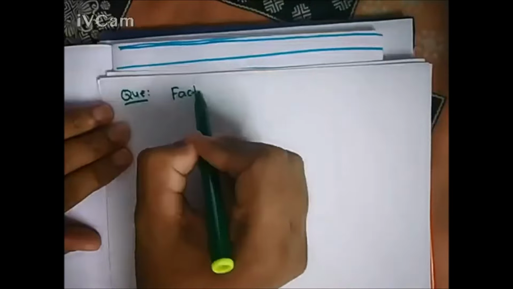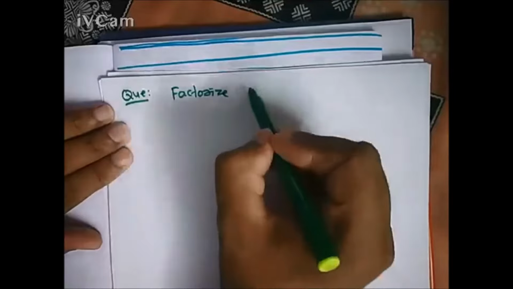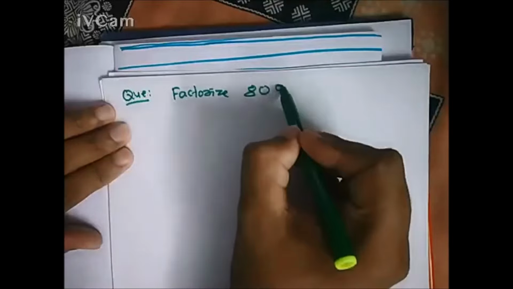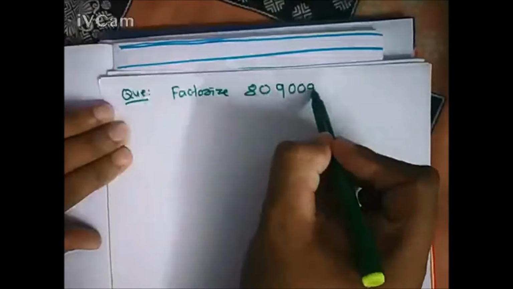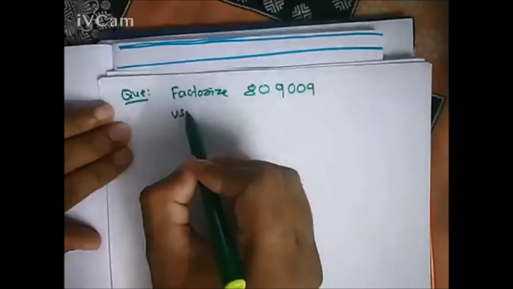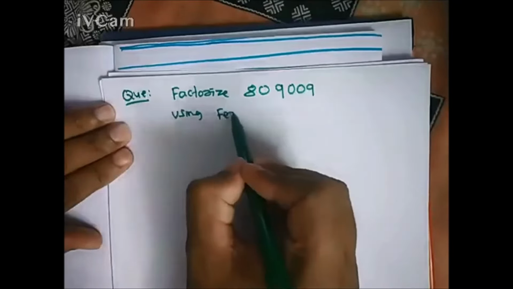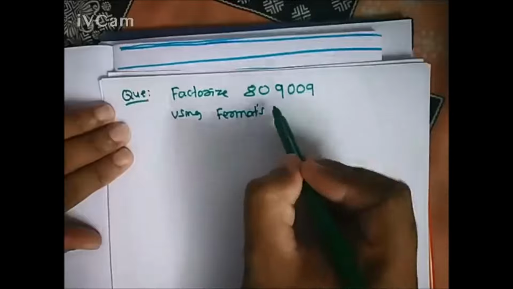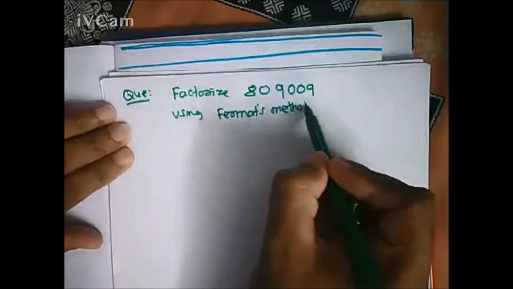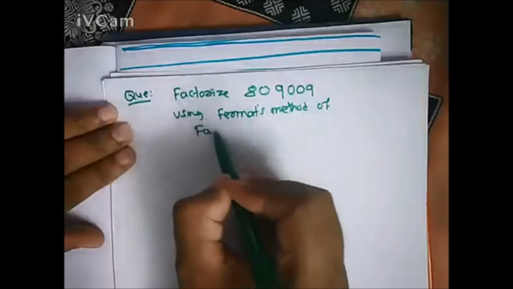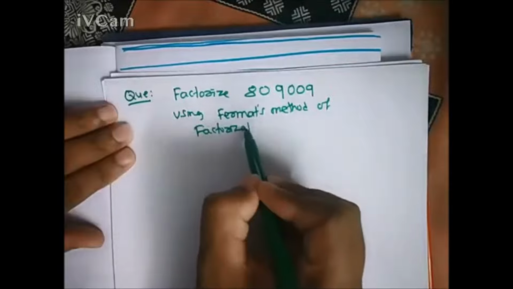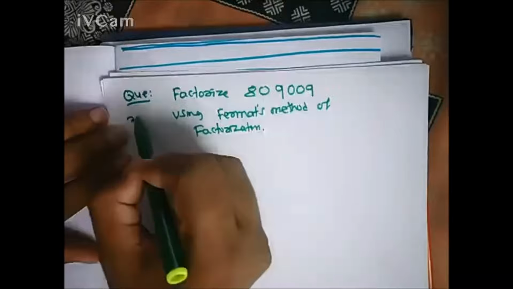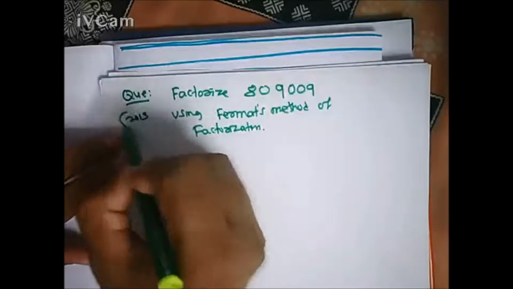The question is: factorize 809009 using Fermat's method of factorization. Okay, it is a 2013 question.